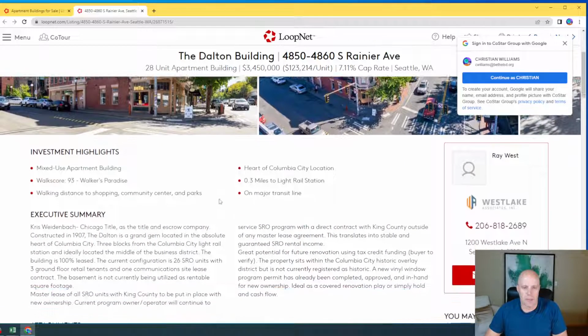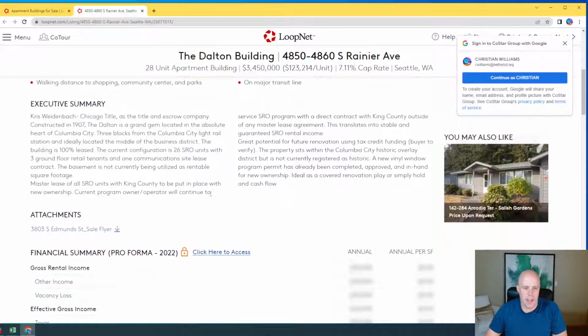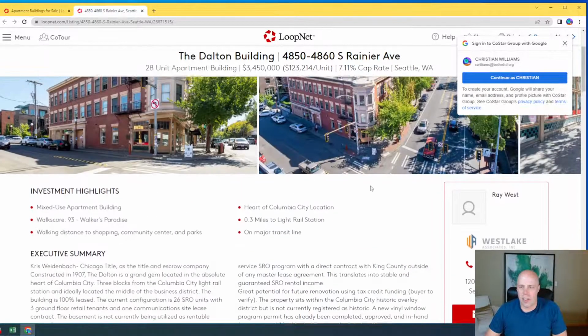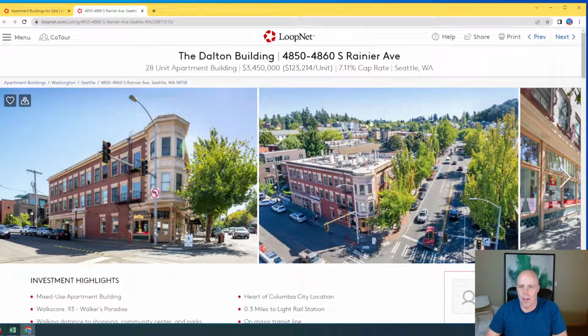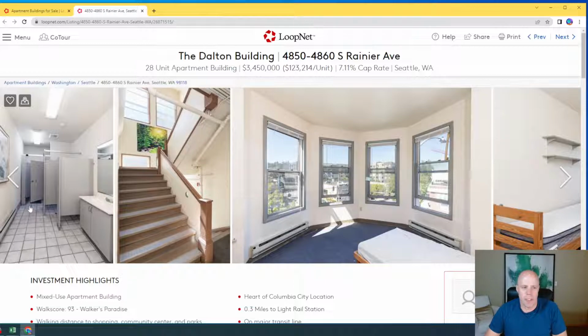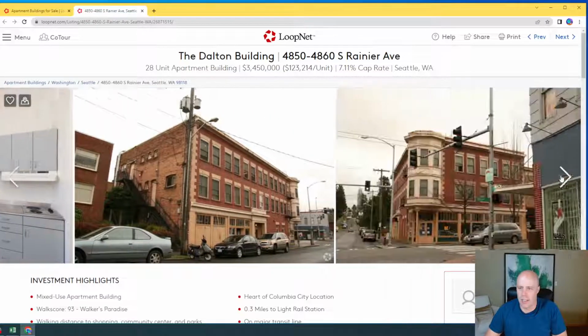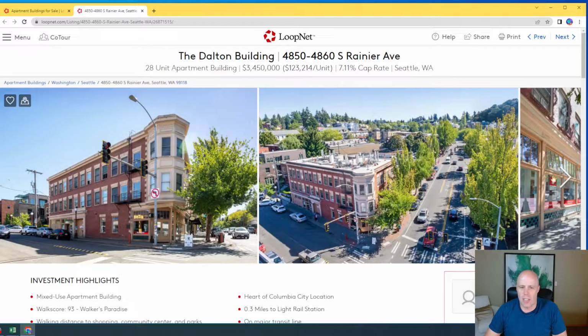There's, let's see, 26 units there, and that kind of gives you a little bit of an idea as to what we're looking at. Let's look at some of these pictures here, give you a better feel. I'm hoping that's downstairs, but it looks like these are the apartments upstairs, base heaters, small little units it looks like. But anyway, so that's in Seattle.